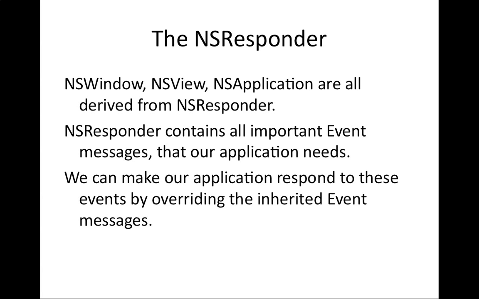We're extending from that library, and we're overriding behavior, but we're not really making instances of this object, since it's implemented by the components that we're using. So we make our application respond to these events by overriding inherited event messages. Event messages are the actions that are occurring.